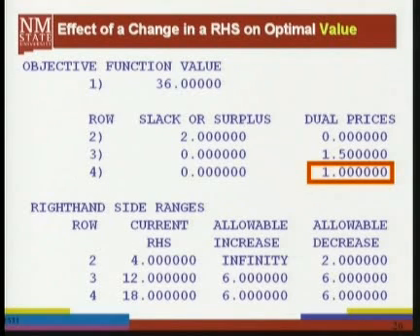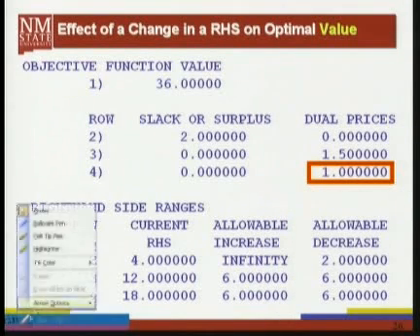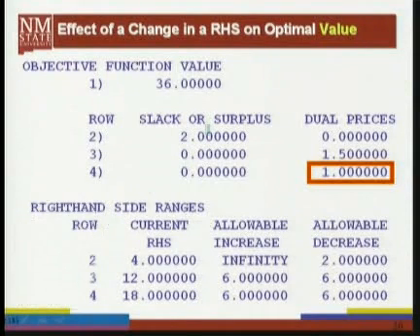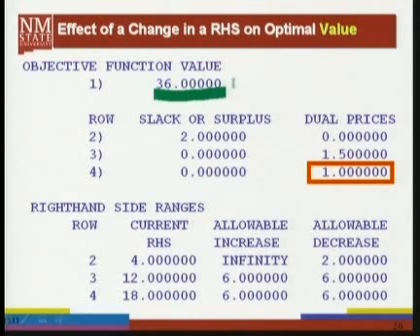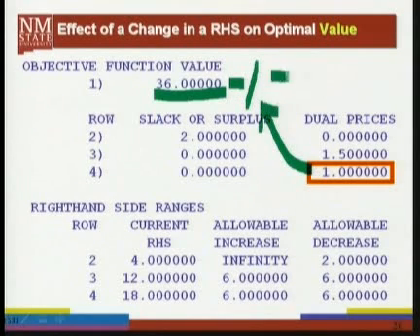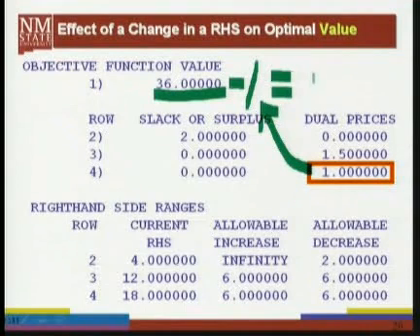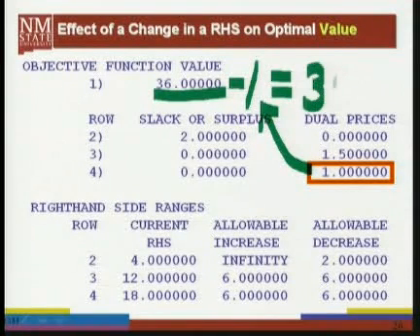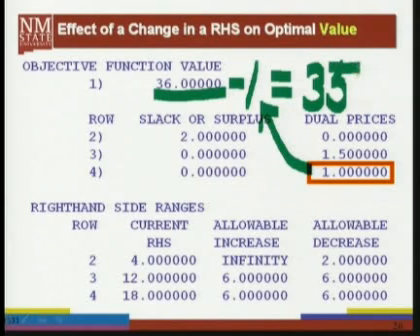The objective function value will be decreased by 1 times this much, right? Okay, let me choose the highlighter again. So in that case, the objective function value becomes 36, the current value, minus 1. That is the dual price, right? So our objective function value becomes 35. Okay?